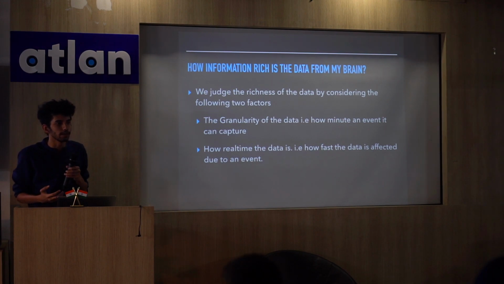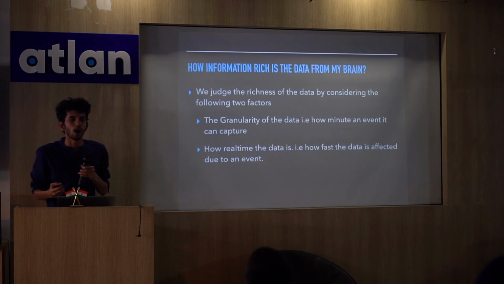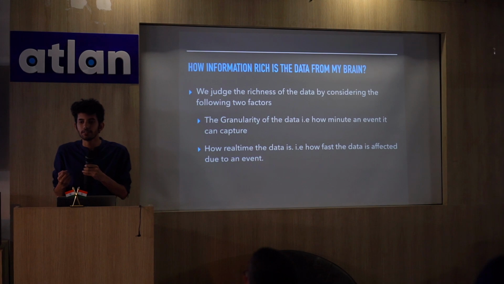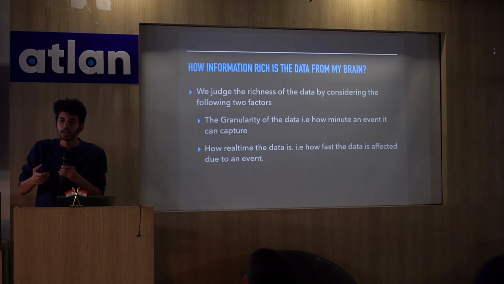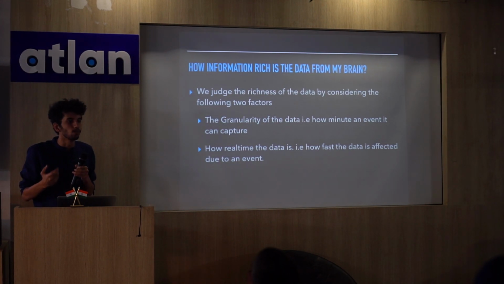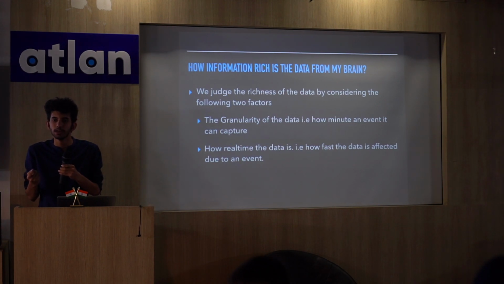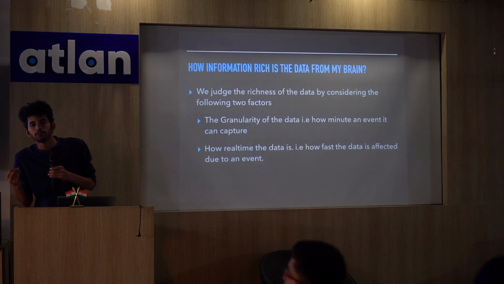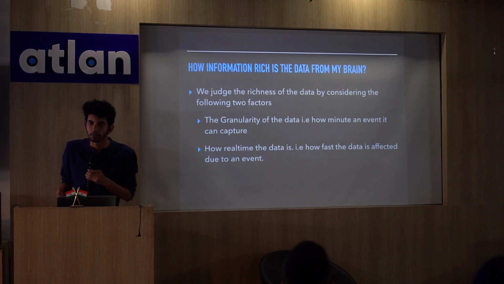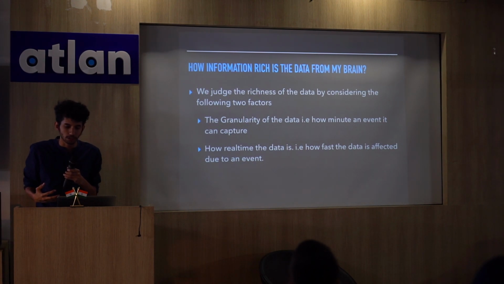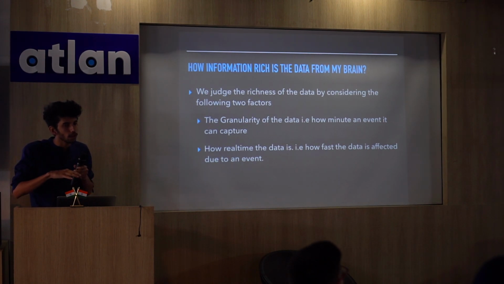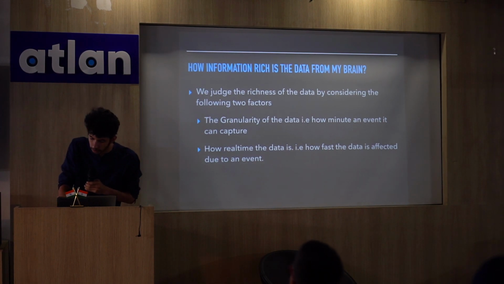For example, if I'm blinking my eye, how recent would my brainwave movement be, and will I be able to detect that change? And what all changes? Can a simple tap of the foot or flick of a finger be detected from brainwaves or not? That's how we measure the information richness of the brain.